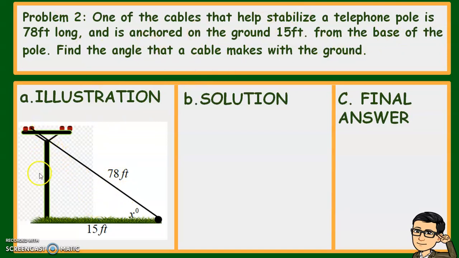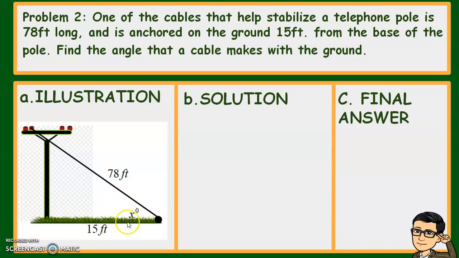So we have our telephone pole, and then we have our cable. The length of our cable is 78 feet, and the distance from the base of the telephone pole to the end of the cable is 15 feet.